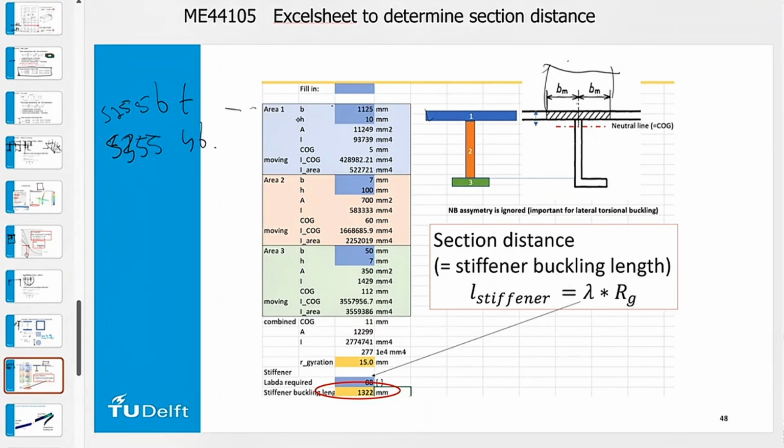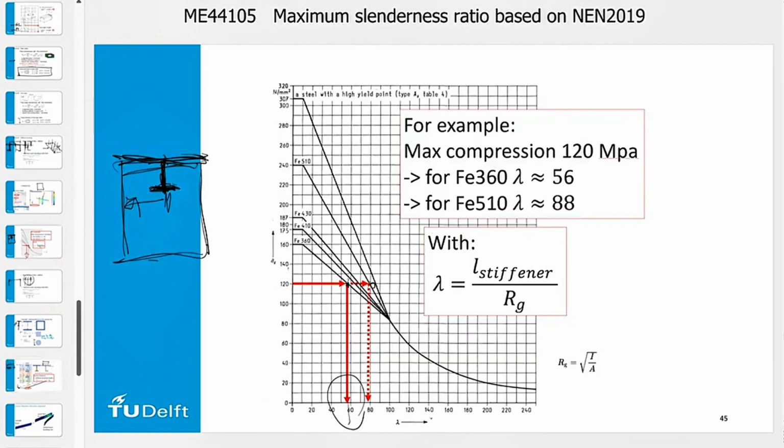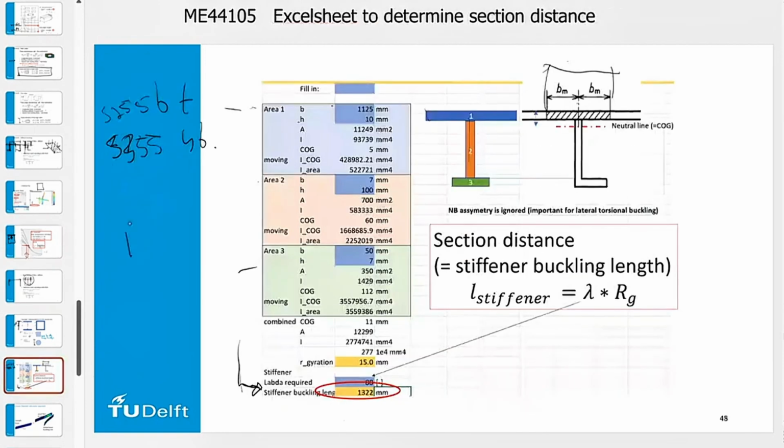Then the thickness, then the stiffener type, and then depending on the maximum allowable lambda, which comes from this curve, I can directly see what the distance between my sections needs to be.